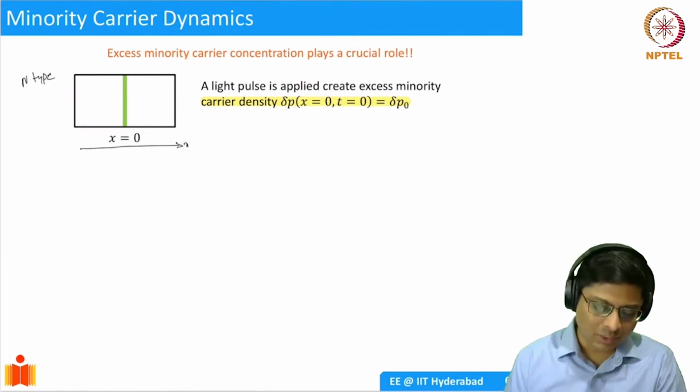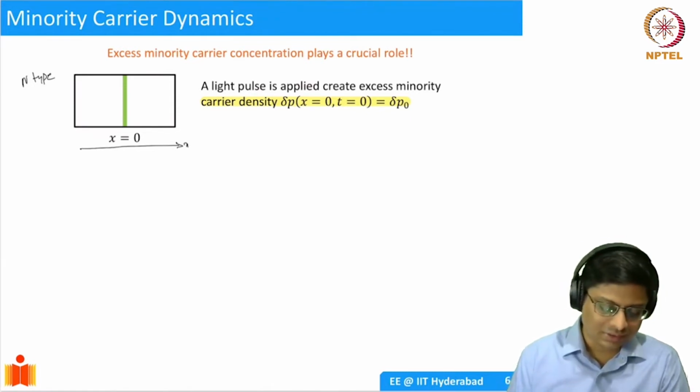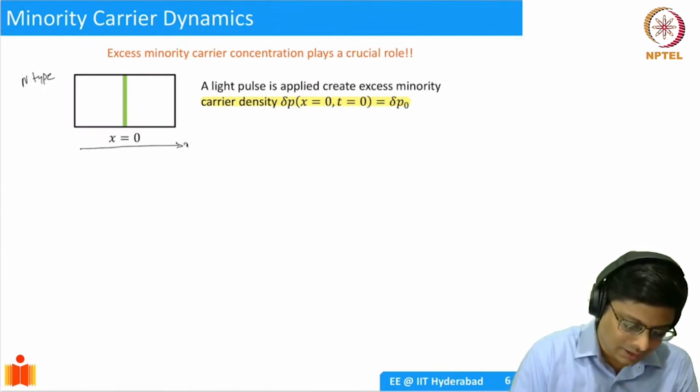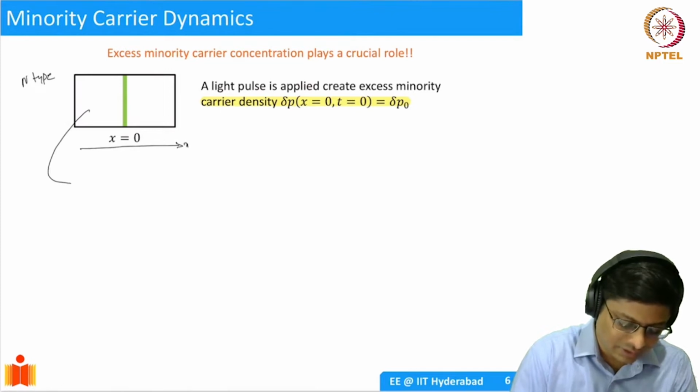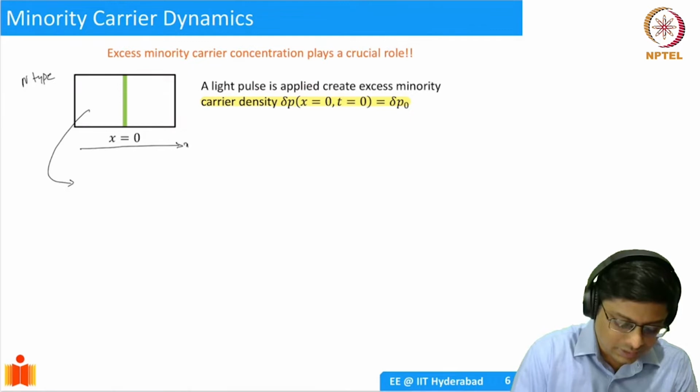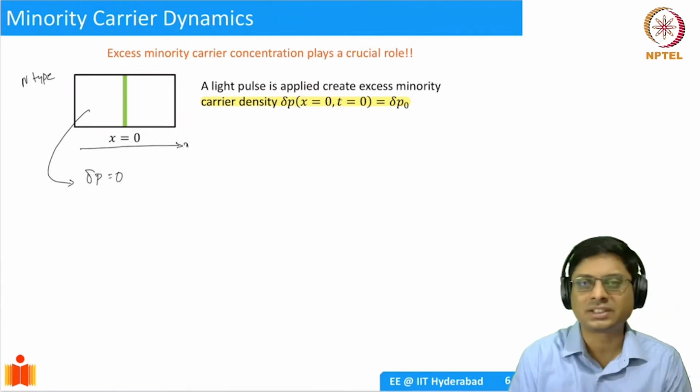Okay. So now what happens? Well, at other locations in the semiconductor at time t equal to 0, away from the x equal to 0 point, delta P is equal to 0 because it's at equilibrium. There is nothing that is disturbing, right?